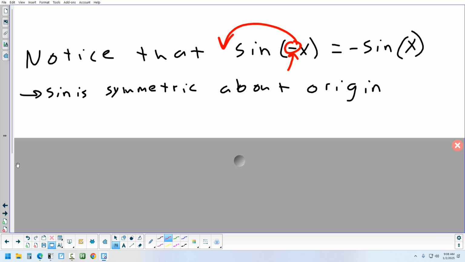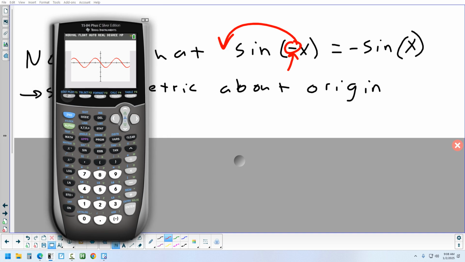Well, let's see what happens with cosine. I'm going to try the same thing. I already told you it doesn't work. I'm going to do the negative on the inside and then the negative in the front. And it's not going to work. But I'm more interested in what will work then. When you do the negative inside and negative in front, you get two different results that are exactly 180 degrees out of phase.